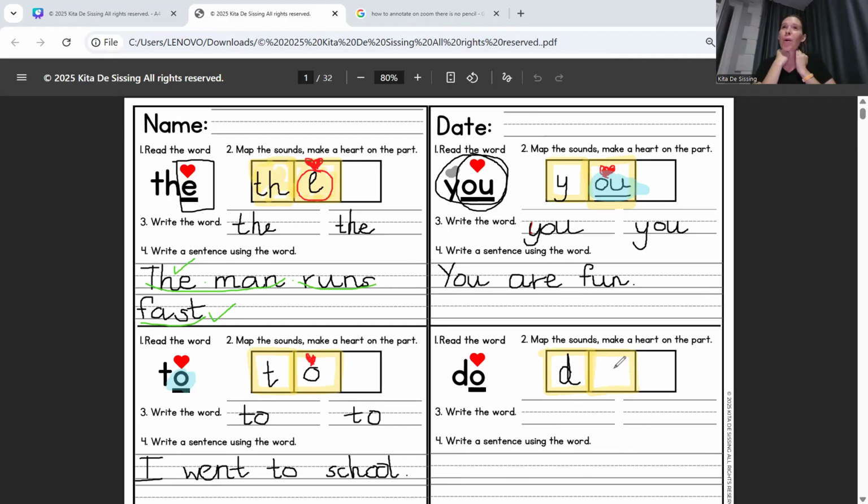I've got OO, like in some other words like "too". I'm not going to be using two O's for "do". I'm going to be using the one O spelling rule, like "to" and "do" when O says oo. So I'm just going to be using O for the oo sound, and I'm going to put a nice heart over it.